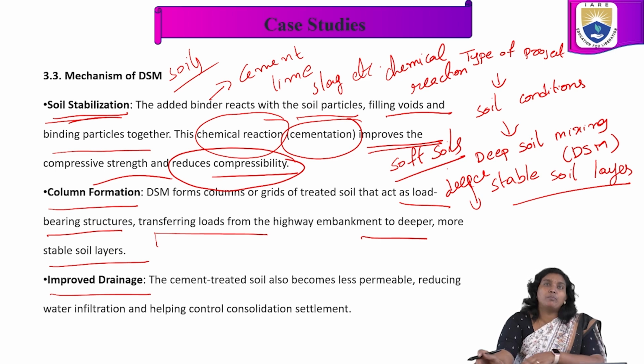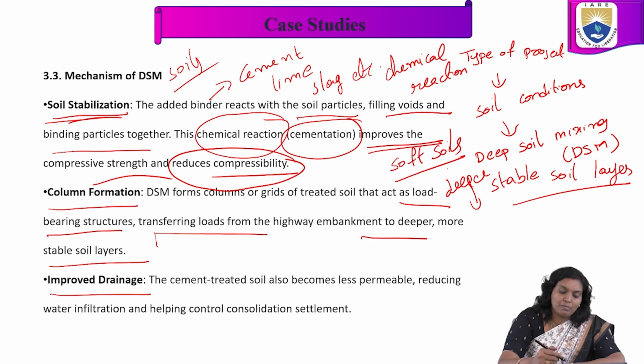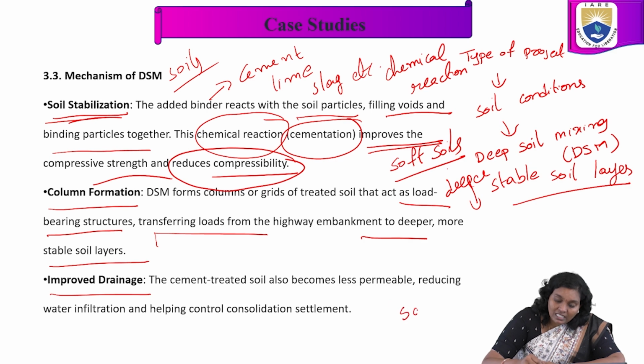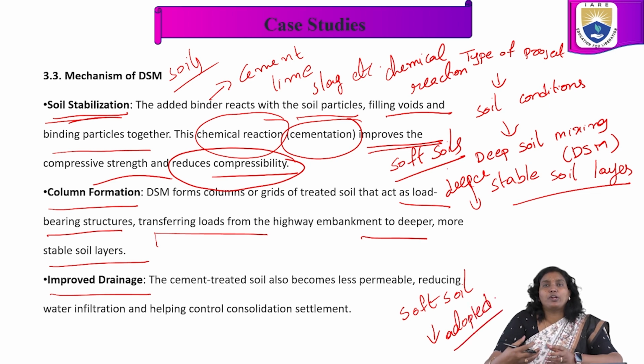And moving to the improved drainage system, the cement treated soil becomes less permeable, because of the soft soil nature, which means it adsorbs water. They adsorb the water into them, which creates so much erosion, and it is also harmful.